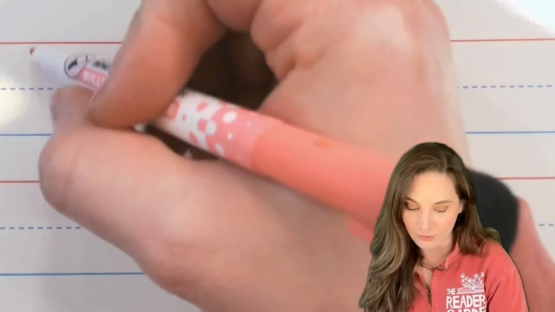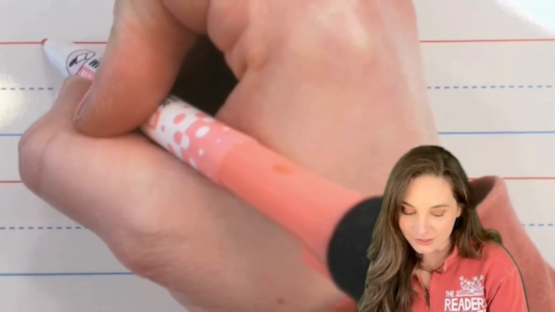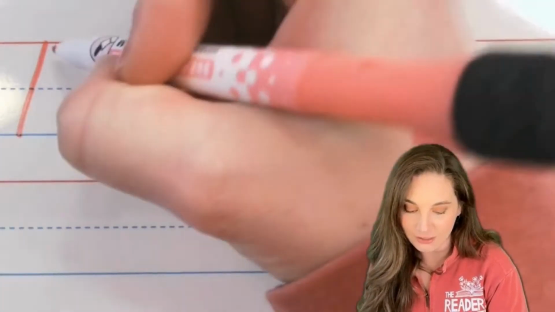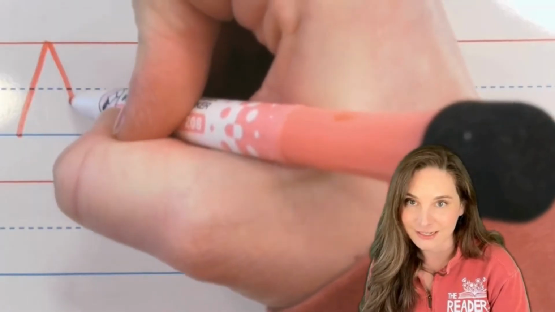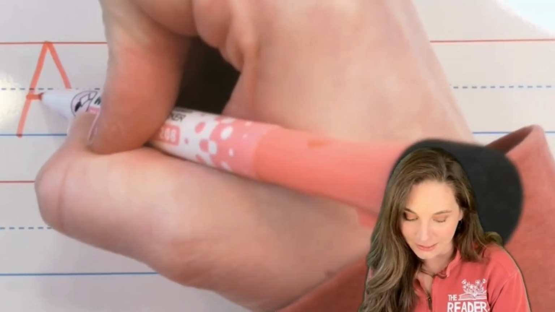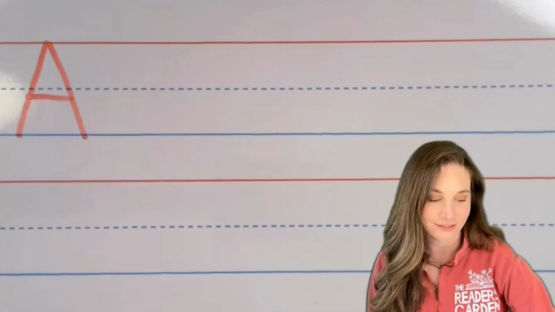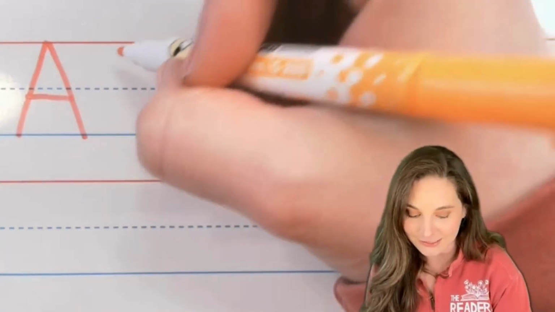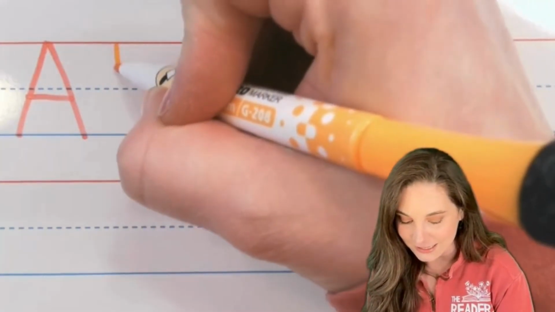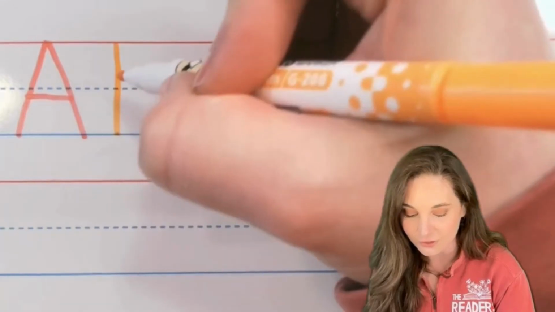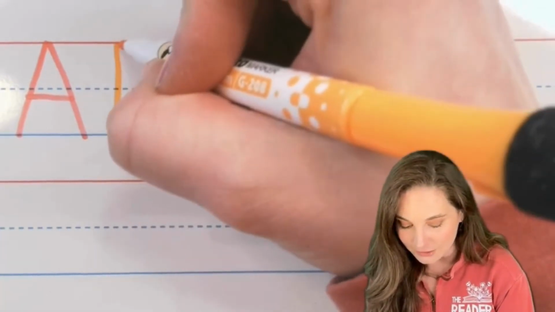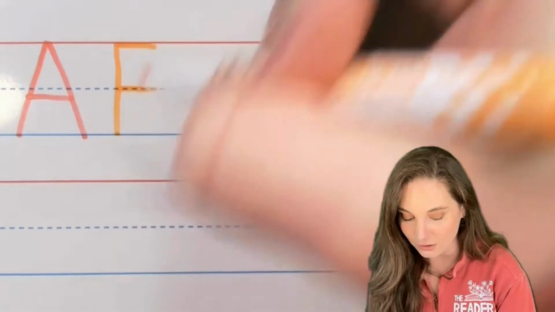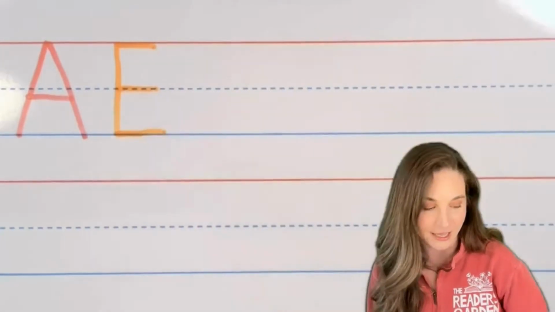So we're going to start with our uppercase A. Start at the top, do a slanted line down to the bottom, back up to the top, slanted line down to the bottom, and connect those two lines across. Doing an uppercase E, we do a vertical line down to the bottom, hop to the top, over, middle over, bottom over.